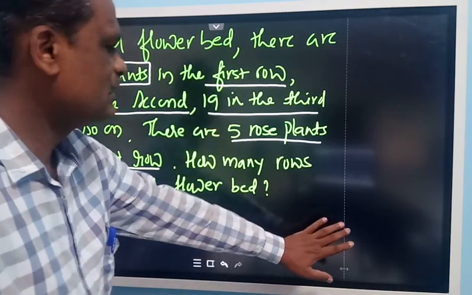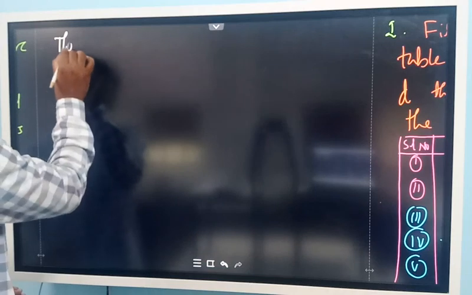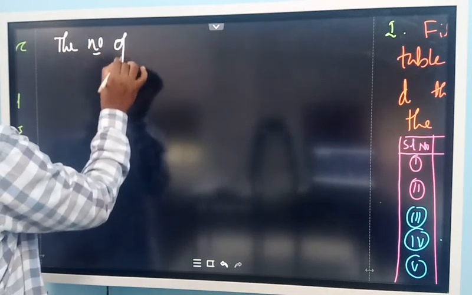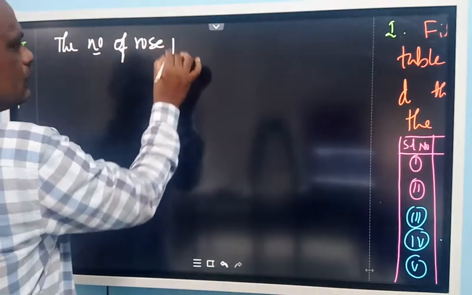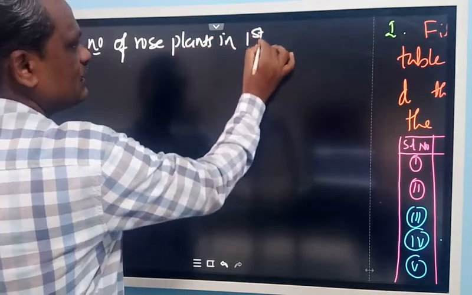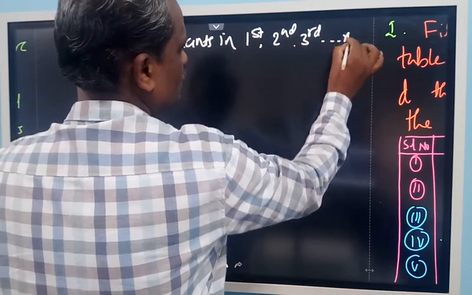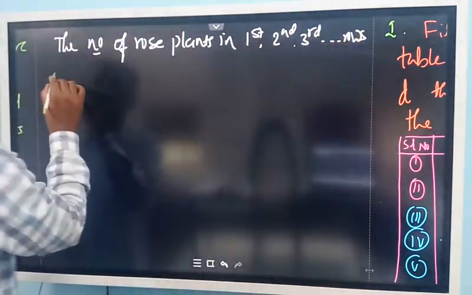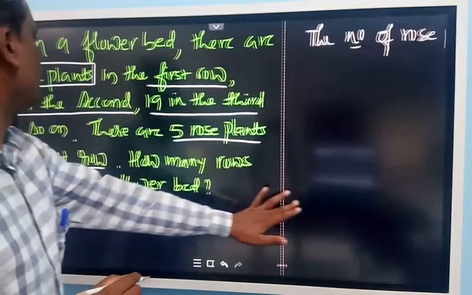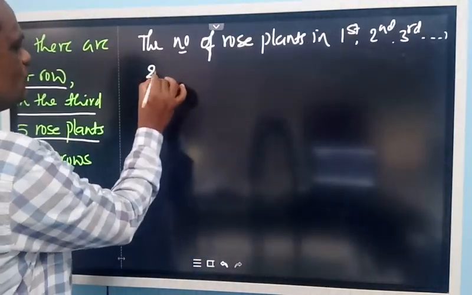So let us see the number of rose plants in the first, second and third rows respectively. It is given in the first row, how many rose plants? 23.